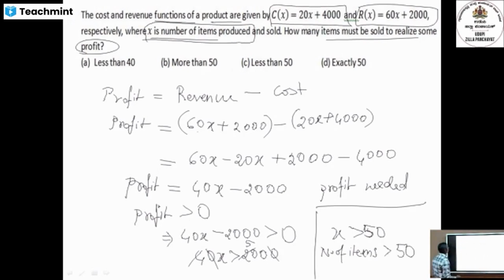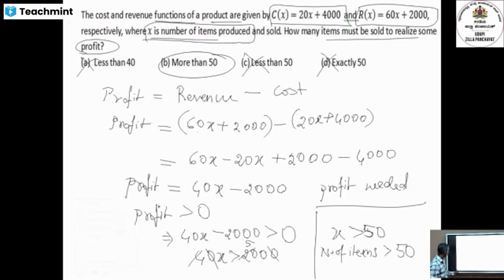Not less than 40, but more than 50. Yes, more than 50 must be produced. Not less than 50, and not exactly 50, because if it is exactly 50 the profit is 0. So your answer is option B.